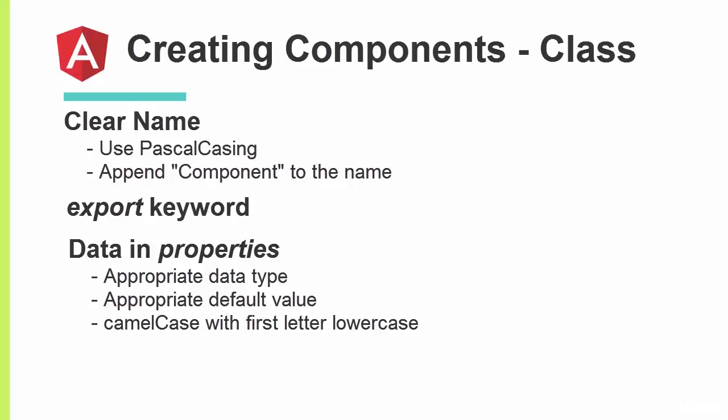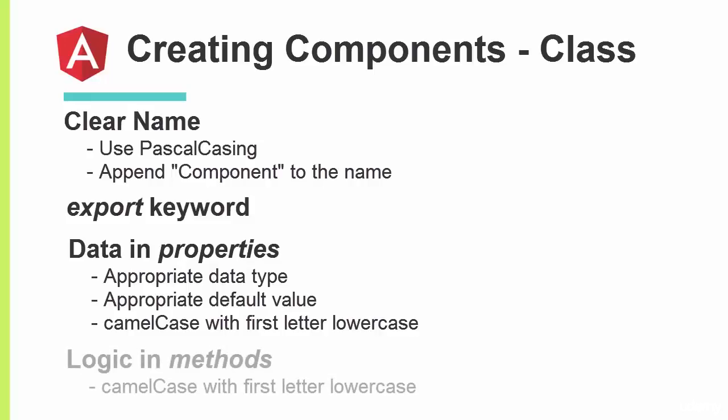Use camel case for property names, with the first letter of the first word in lowercase and additional words capitalized with no spaces. If the component view has functionality, like hiding and showing an image for instance, the logic is defined as methods in the class. Use camel case for method names as well.